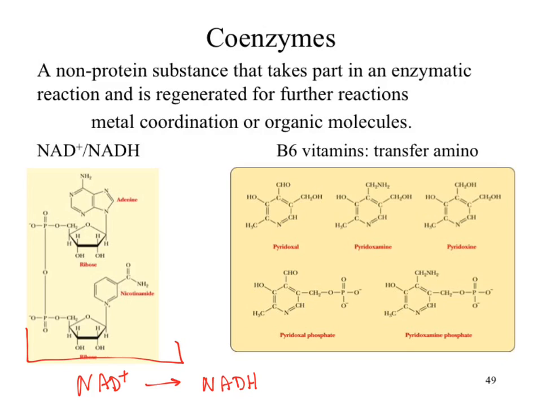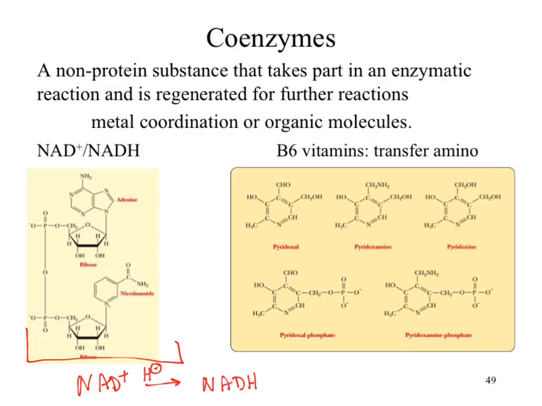Because NAD was positive. If NAD acted as a proton acceptor, it would be becoming more positive because protons are positive. So what we are accepting here is actually H minus.